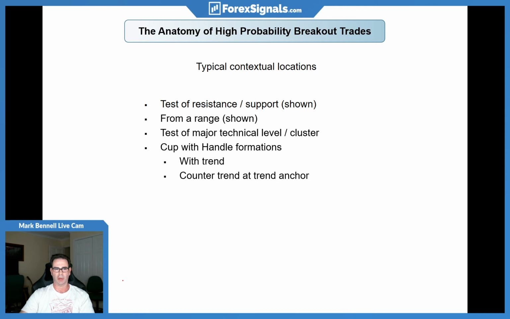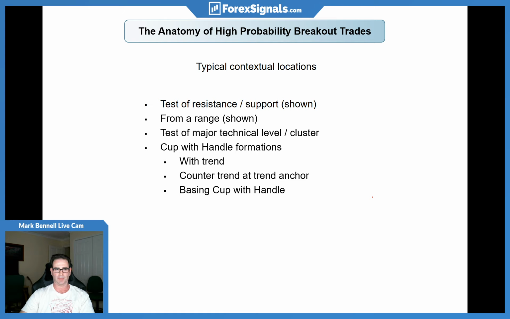Counter trend at the trend anchor. These. We'd have a little one inside it. See this? So here's our trend anchor right here. All right. Where else? Basing cup with handle. It's the opposite, isn't it?